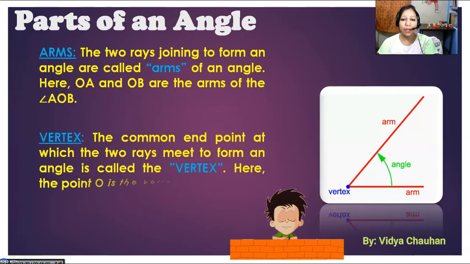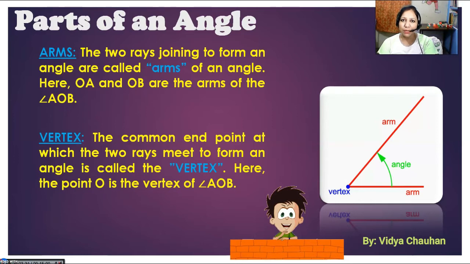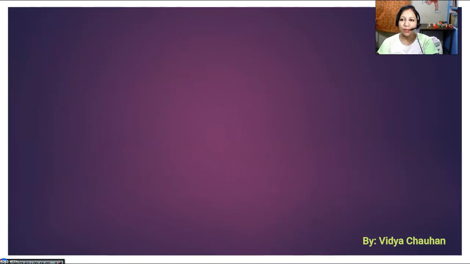The common end point at which two rays meet to form an angle is called the vertex. In angle AOB, O is the point where ray OA and ray OB meet. So that is our vertex. I hope these two parts are clear.